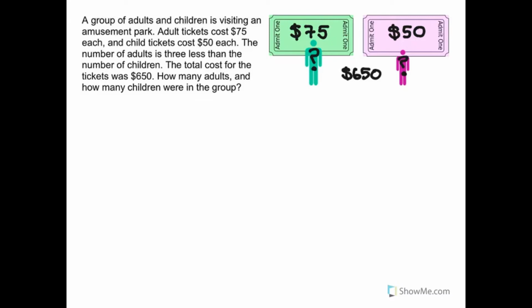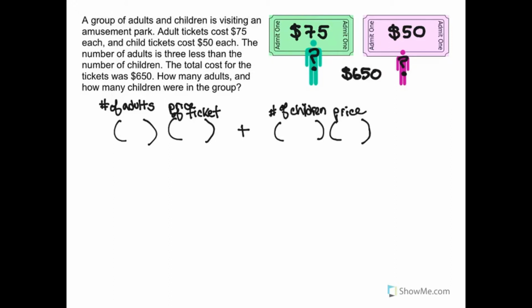Let's set it up the same way we did before. The cost for the adult tickets will be the number of adults times the price of the adult ticket. The cost of the children's tickets will be the number of children times the price of a child's ticket. And the total will be those two added together.